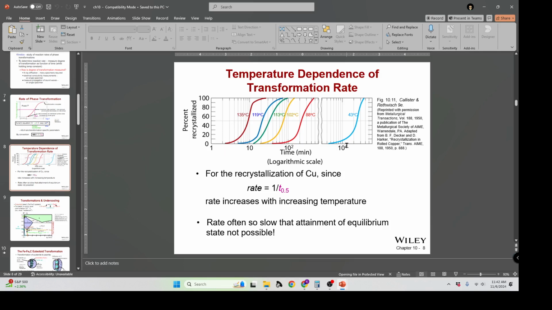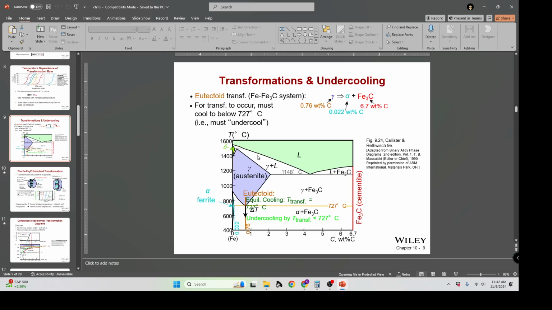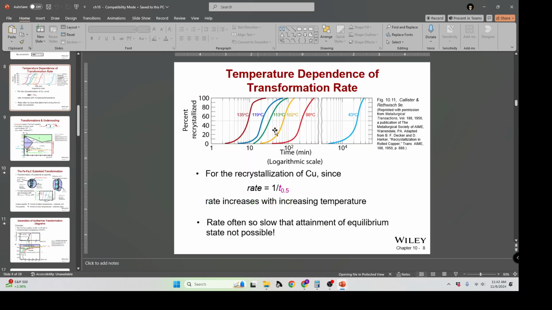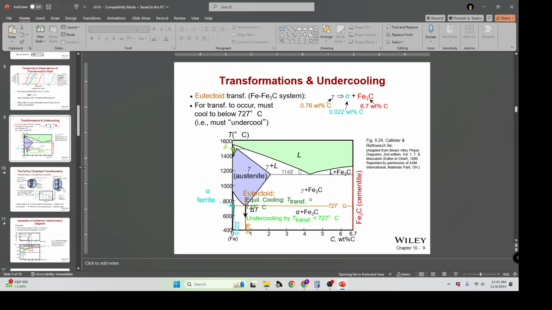And it makes sense from the standpoint that more kinetic energy gives a greater ability for rearrangement of the atoms. So at low temperatures, the diffusion basically can't happen very quickly, and it takes forever to get a transformation from one type of phase to another.